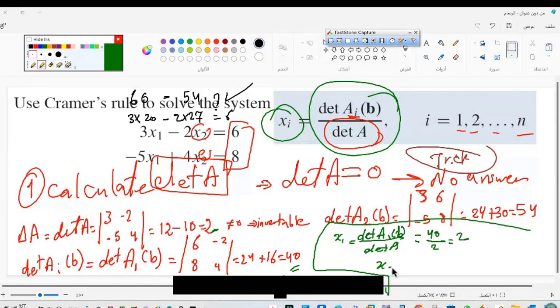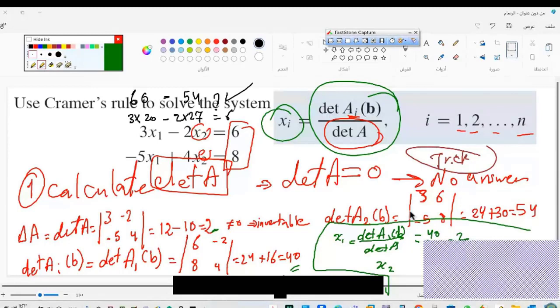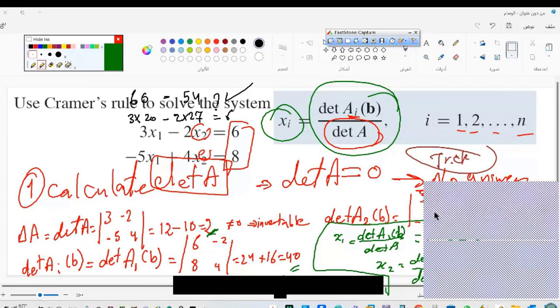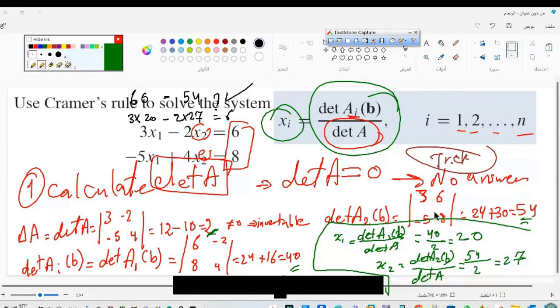Got it? x2 is det A2(b) over det A. That means it is 54 over 2, that's 27. Clear? Any more questions?